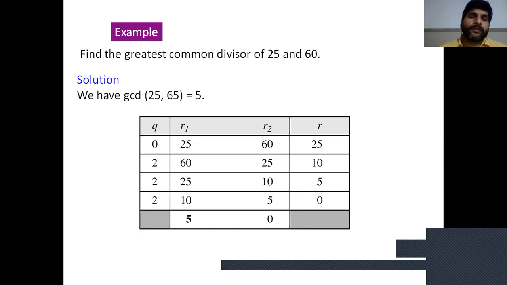Now 25 divided by 10, remainder equals 5. Then 10 divided by 5, remainder is 0. So GCD(25, 60) equals 5.